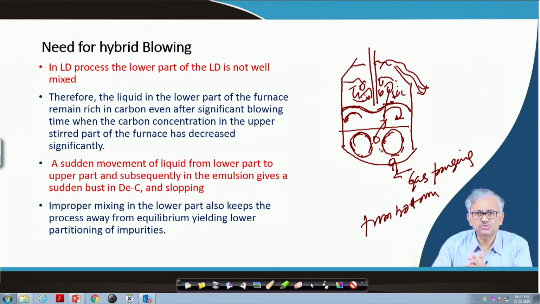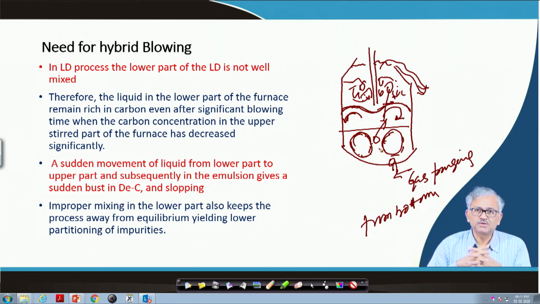Not only that, this is only one aspect, and the other aspect is that if you want to treat a hot metal whose composition is different, with very high phosphorus, like more than 1% phosphorus, then sometimes you use lime powder also, either from the top or from the bottom, such that early basic slag formation is feasible, okay.